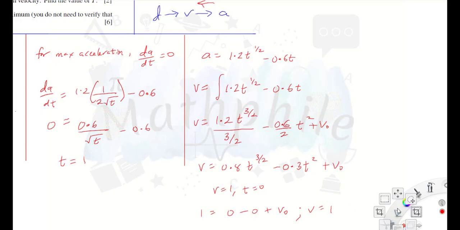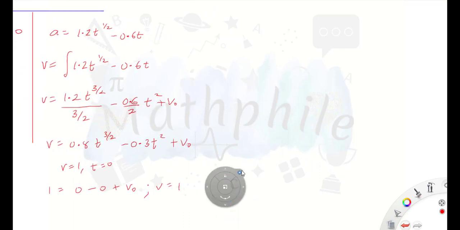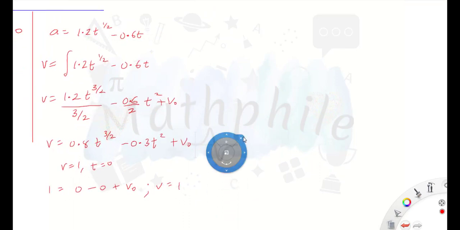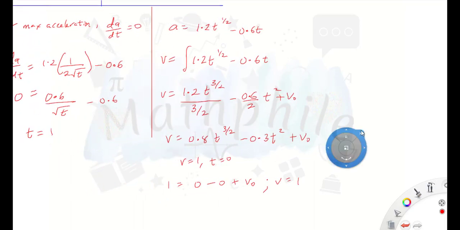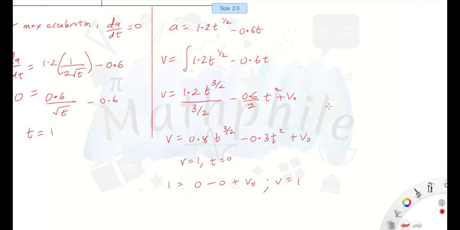So from this, I can write down my velocity function. Is that okay? Yes. Okay, let's write out the velocity function now.